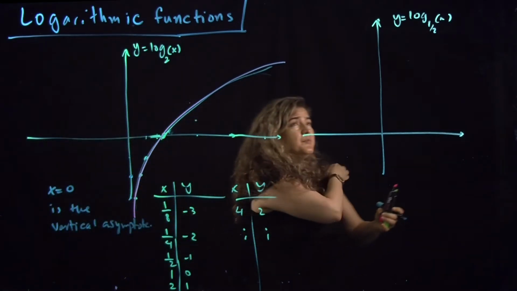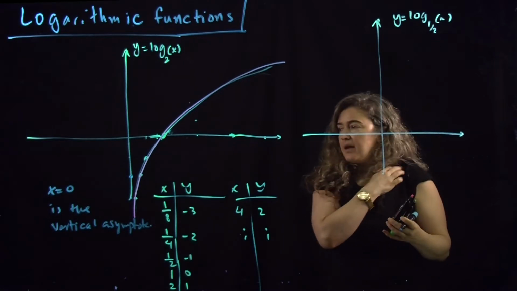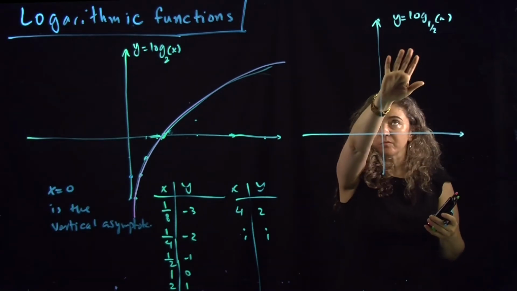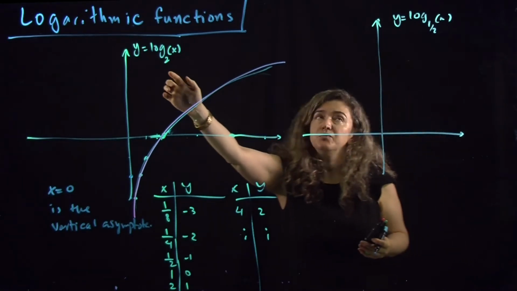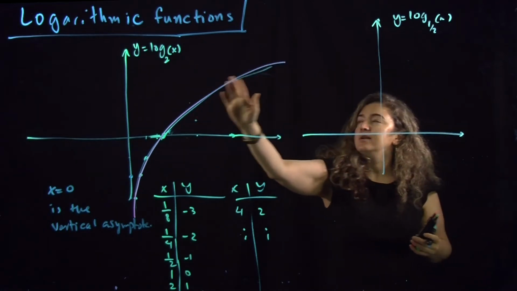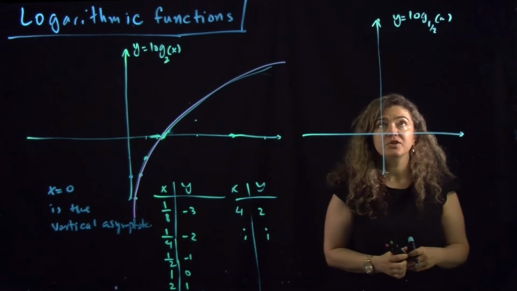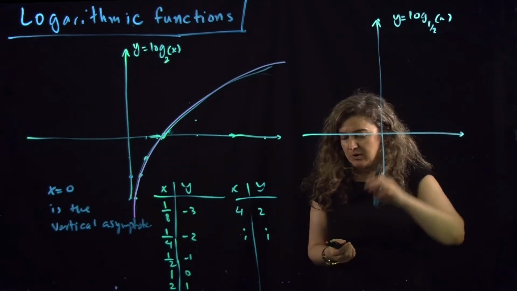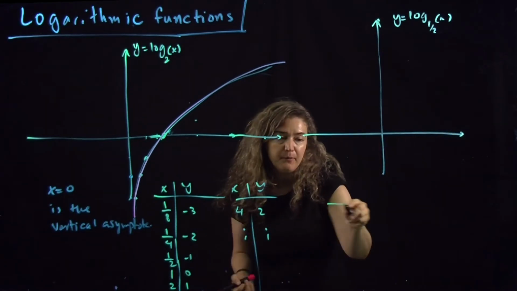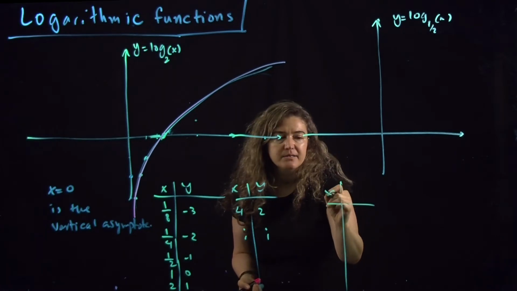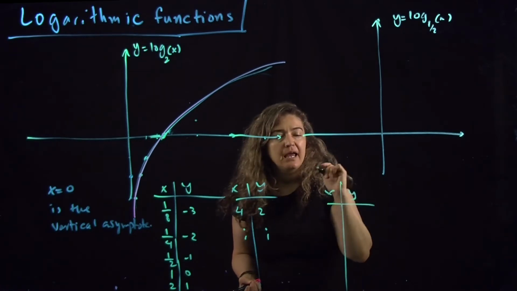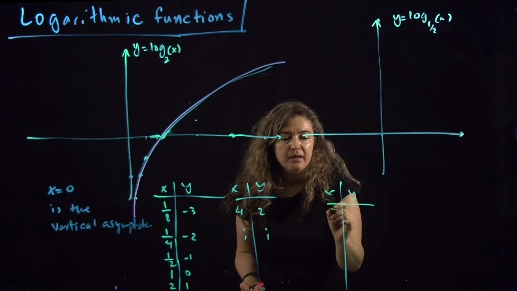And then going over here, this was base 2, this one is base 1/2. Obviously 2 and 1/2 are the reciprocal of each other. Let's see what this one looks like. Make a table, x, y, and then I put in 1/8.